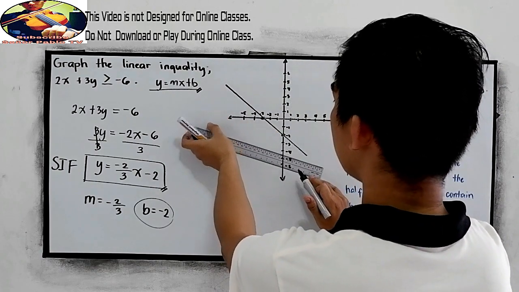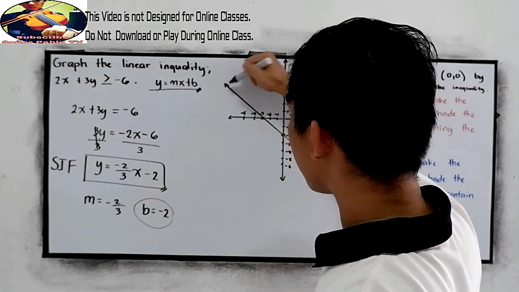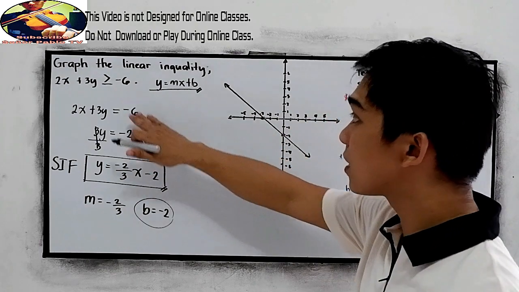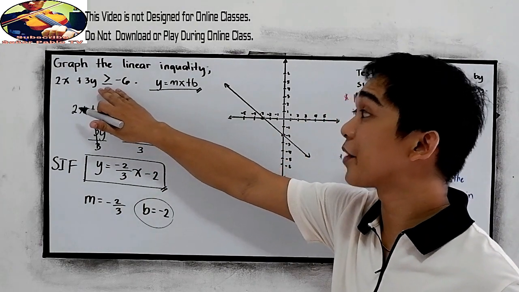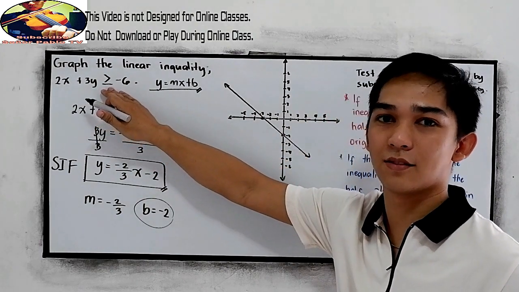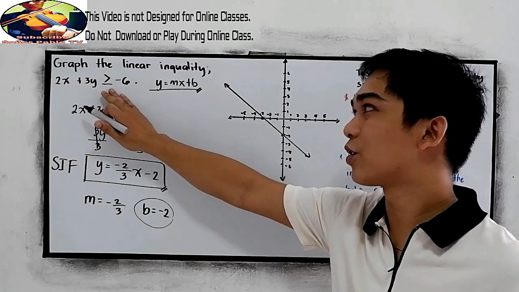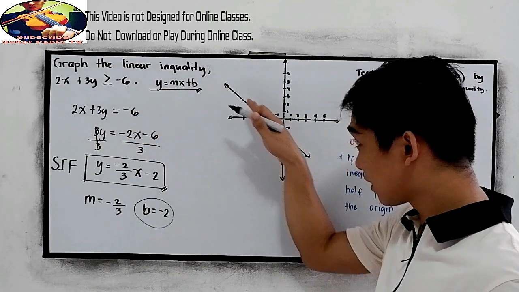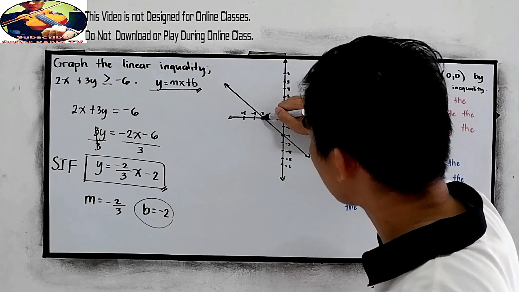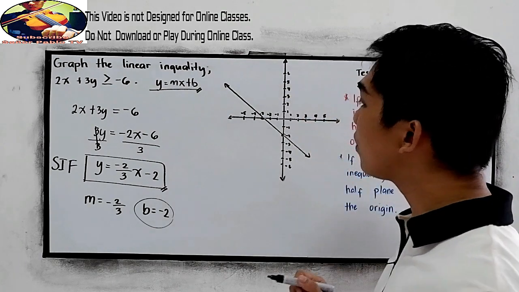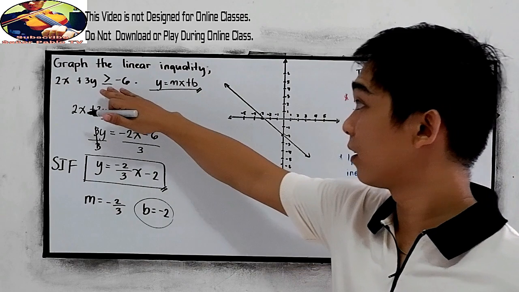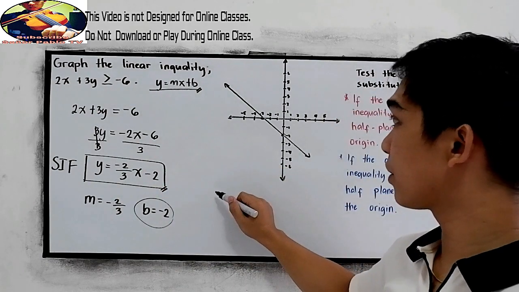Okay. So we're going to use the straight line, not a broken line, because in our inequality, it is greater than or equal. Take note of that. So if you will encounter equal, it must not be a broken line. Now let us test the origin (0, 0).